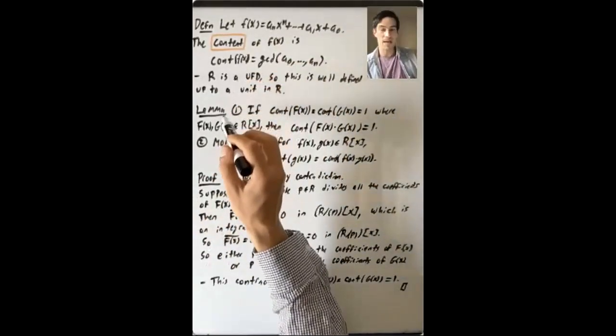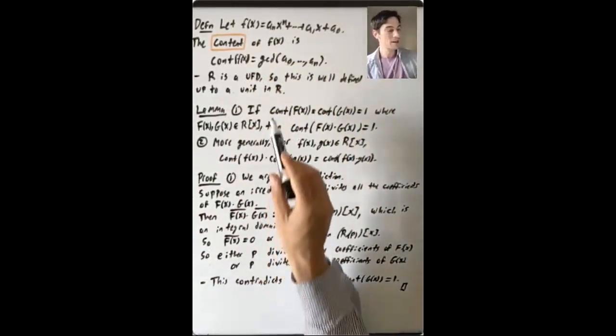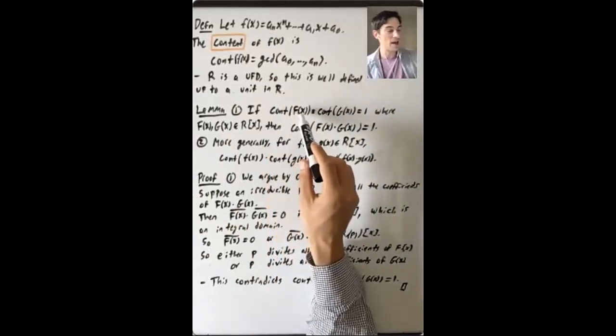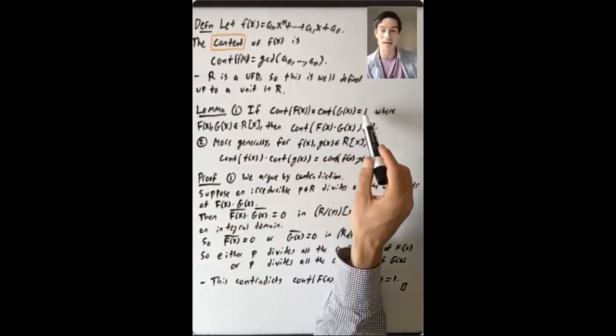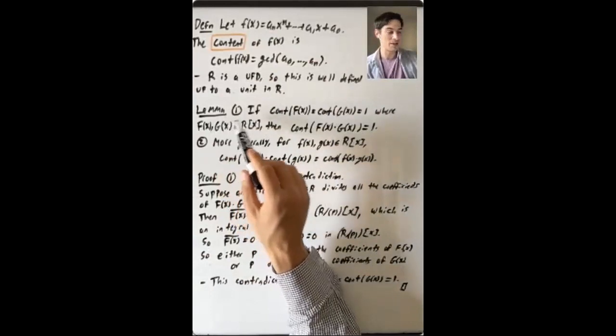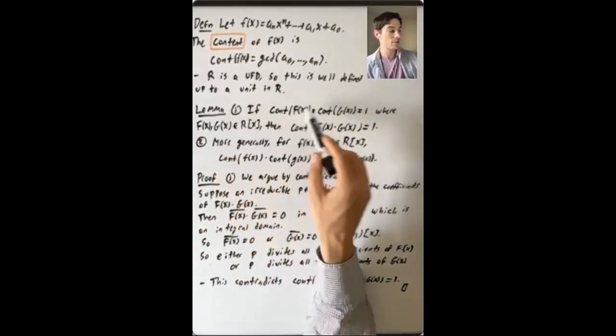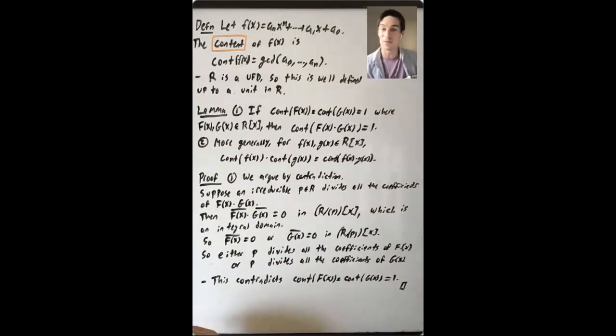Okay, so the main thing that I want to talk about in the rest of this video is how does content behave under a product of two elements in R bracket x. So first, if the content of capital F of x and the content of capital G of x are both 1, that is, we have two polynomials F(x), G(x) in R[x] and each one has the GCD of its coefficients equal to 1.